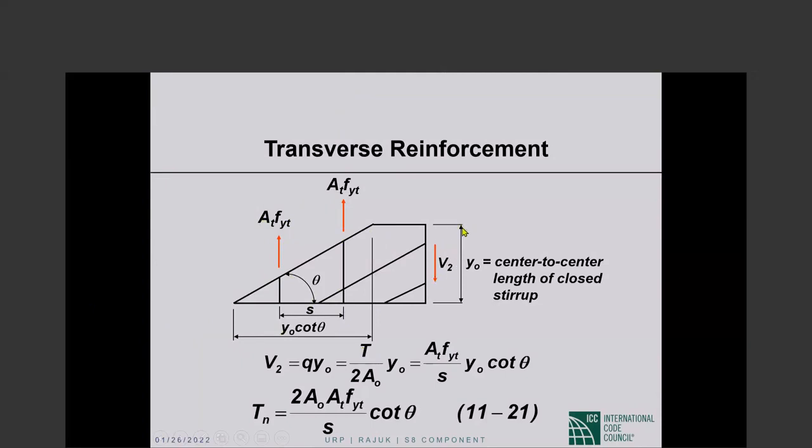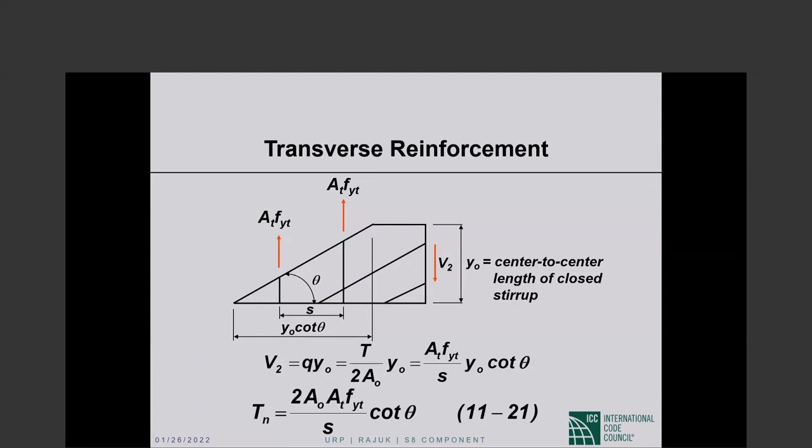If this is Y sub 0, from here to there is Y sub 0, then this is a crack, the height is Y sub 0, and the horizontal distance is Y sub 0 cotangent theta from trigonometry. So the horizontal is the vertical multiplied by cotangent of theta.